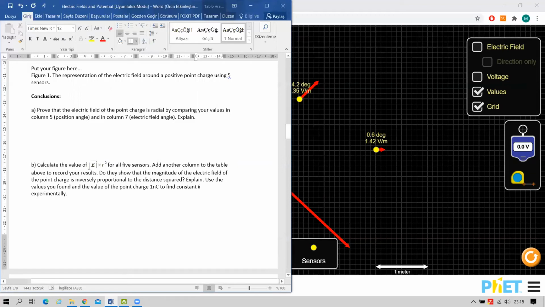I will continue with the next question. Calculate the value of the strength of the electric field multiplied by R squared for all 5 sensors. For all 5 sensors, calculate this multiplication. You will see that this multiplication is going to be the same for all sensors. Why?